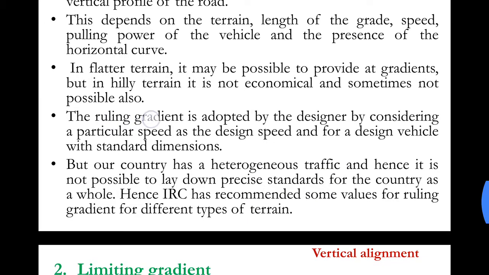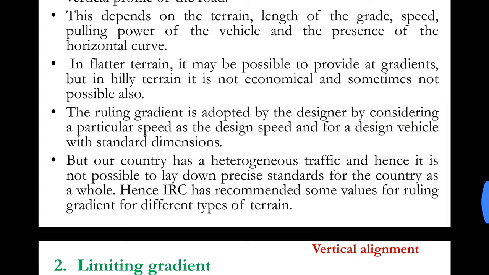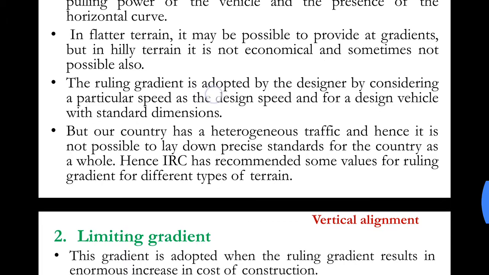The ruling gradient is adopted by the designer by considering a particular speed as the design speed and a design vehicle with standard dimensions. So for considering the ruling gradient, we need to have a design speed. We already know what design speed is and what the standards are. There are few standards provided by IRC, which we have looked into in our previous classes. We use those values with respect to the type of terrain and then we decide the ruling gradient.